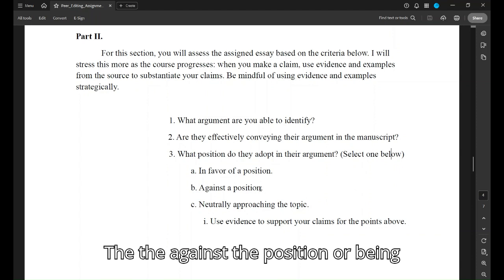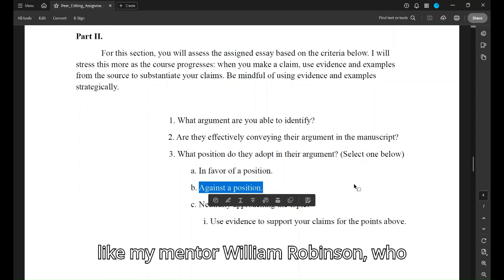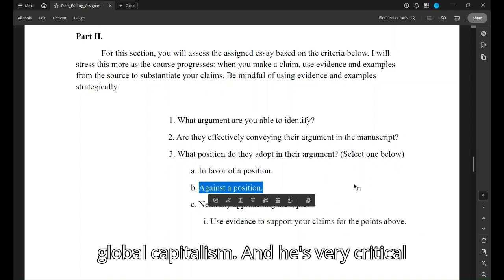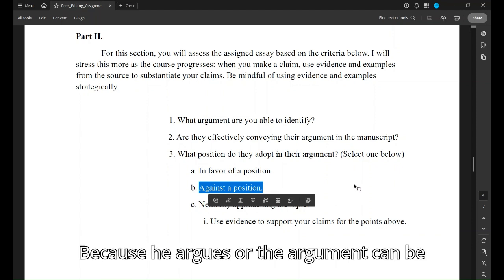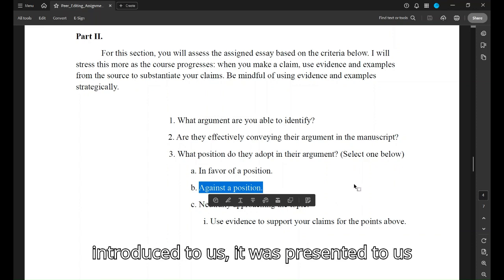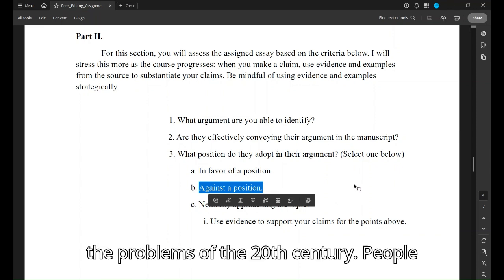The against the position or being critical of the position would be someone like my mentor, William Robinson, who wrote a book on global capitalism, and he's very critical of global capitalism, right? Because he argues, or the argument can be made, that when globalization was first introduced to us, it was presented to us as a new system that would solve a lot of the problems of the 20th century.